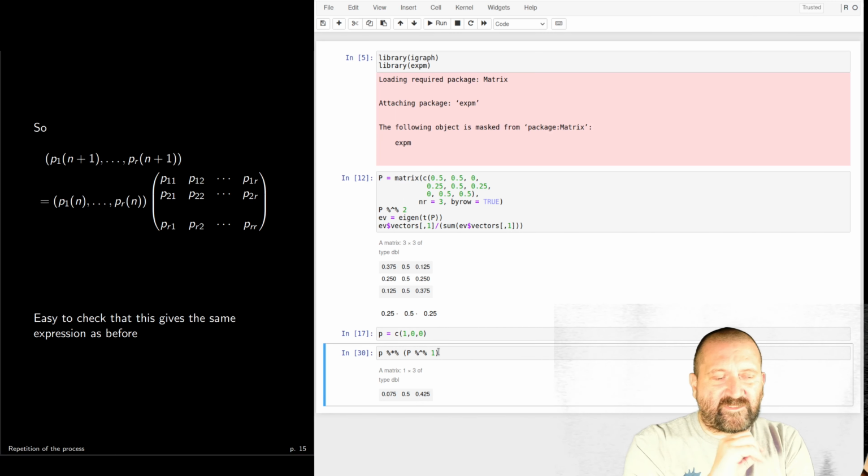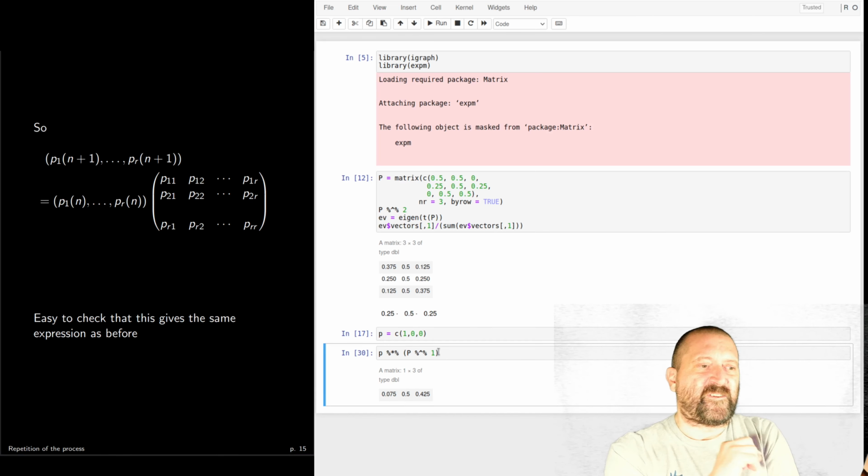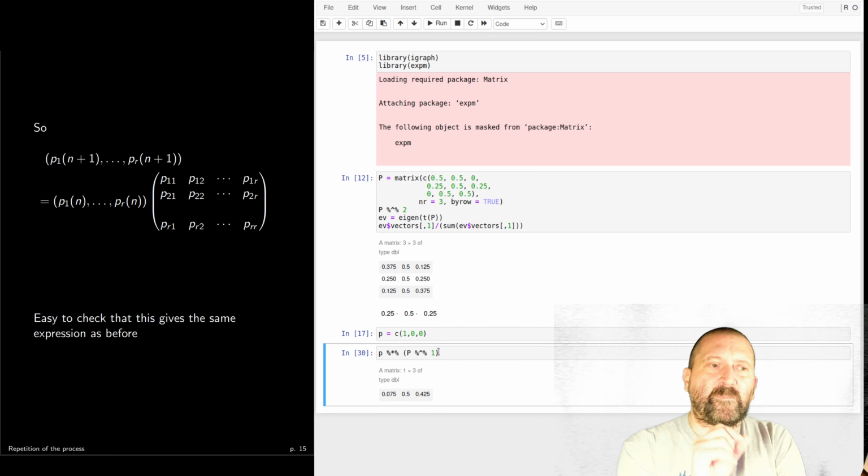So I could look at it this way: if I want to see how things evolve, and I have this probability of being in these three states, I could pick at random one of those three based on their probabilities and say that this is my next state.